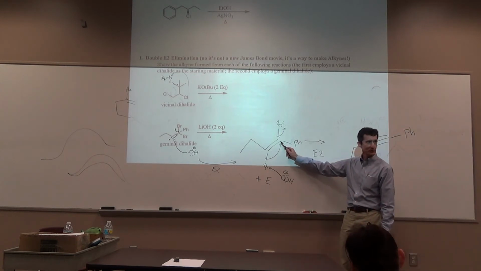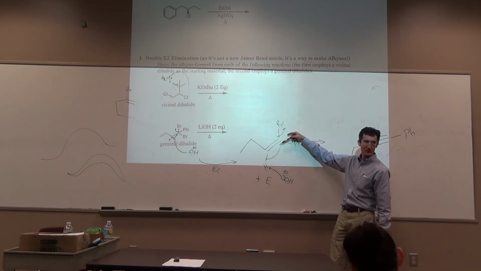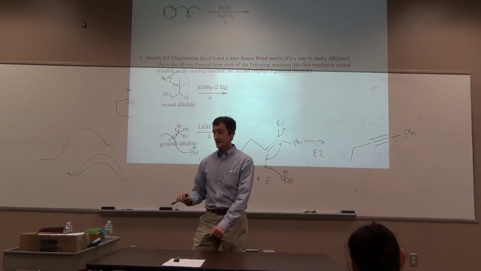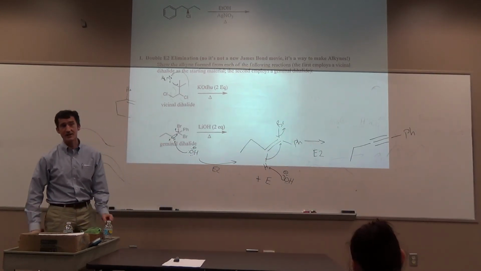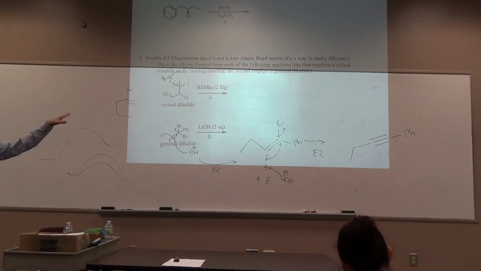This bromine's not on a tetrahedral carbon. Right? It's not. This is the first leaving group we've kicked off of a non-tetrahedral carbon. Yes, leaving groups can leave non-tetrahedral carbons. Problem is, don't ever do it unless you're doing double E2. See, lots of things can happen, guys.